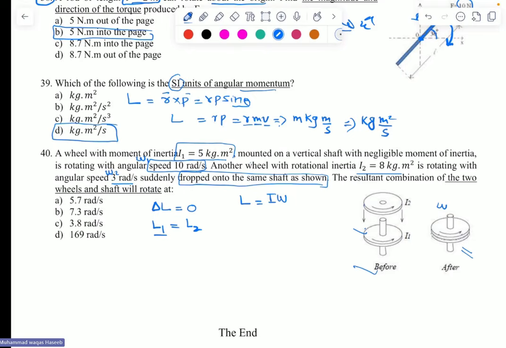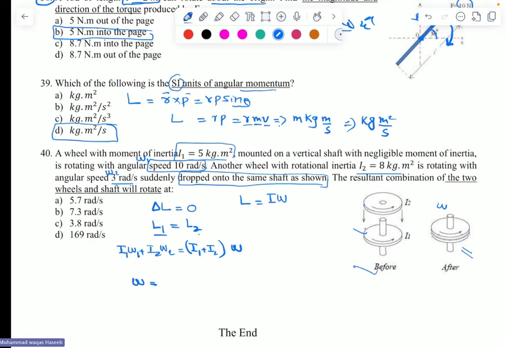So I1 omega 1 plus I2 omega 2 equals the momentum after. They combine and rotate, so their moment of inertia is I1 plus I2, and they move with a constant angular velocity.